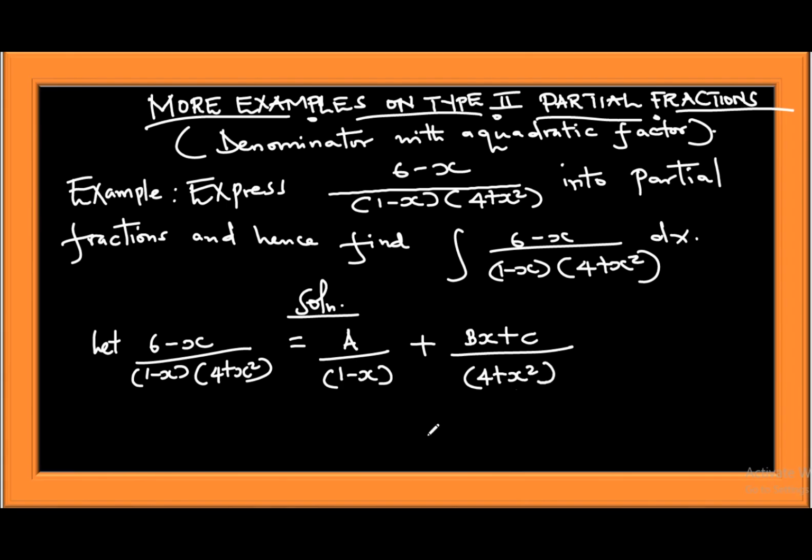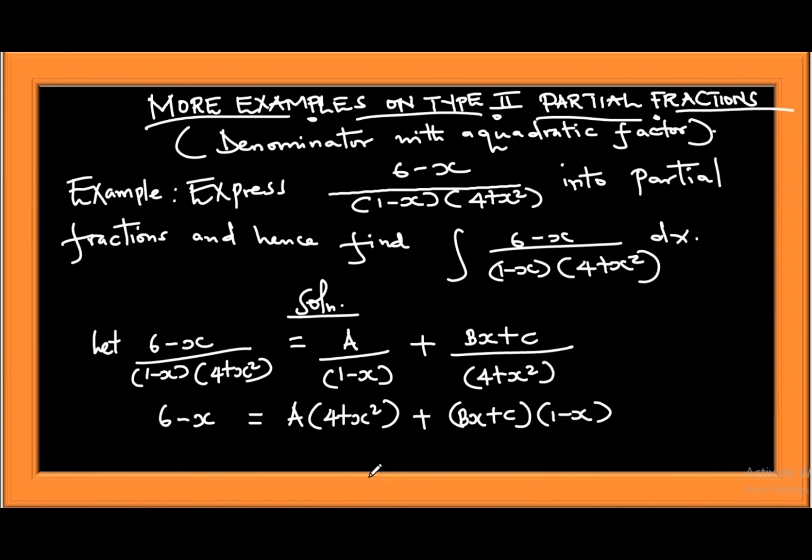Again, the LCM of the right hand side is as good as the denominator of the left hand side, and therefore they cancel out, implying that we shall have 6 minus x equals a(4 plus x squared) plus (bx plus c)(1 minus x).